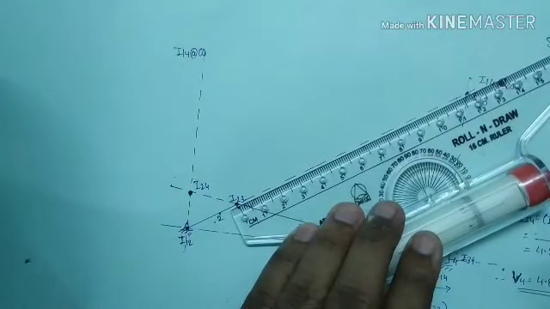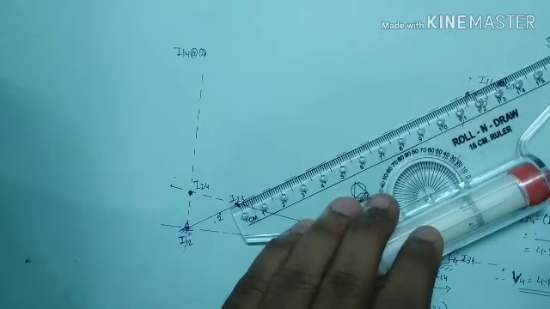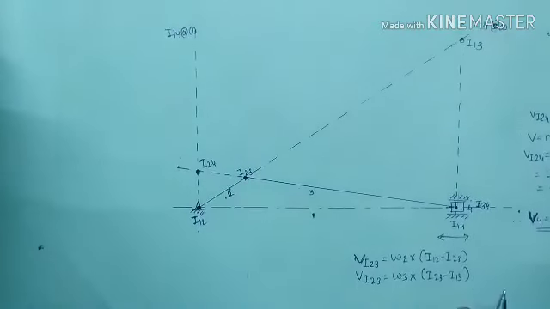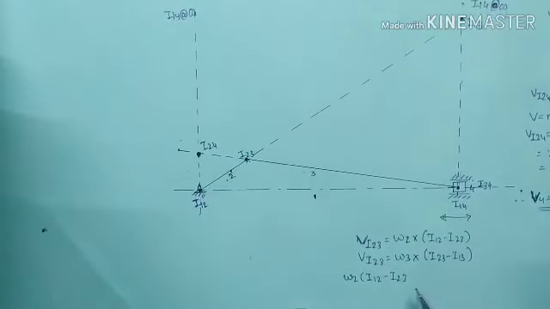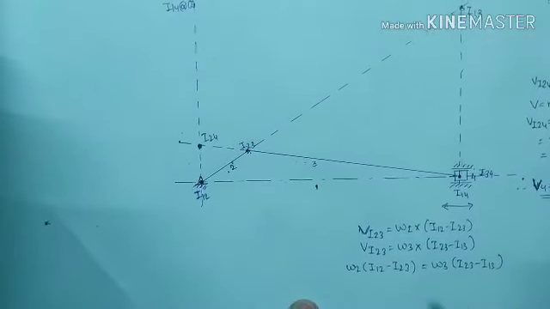It will become almost 11.7 centimeter, so multiply it with the scale. So with the ratio, omega 2 into I12 to I23 equals omega 3 into I23 to I13.